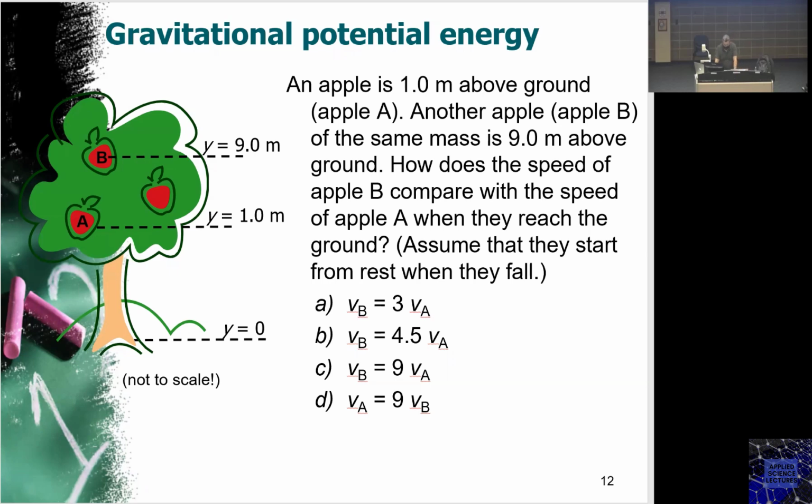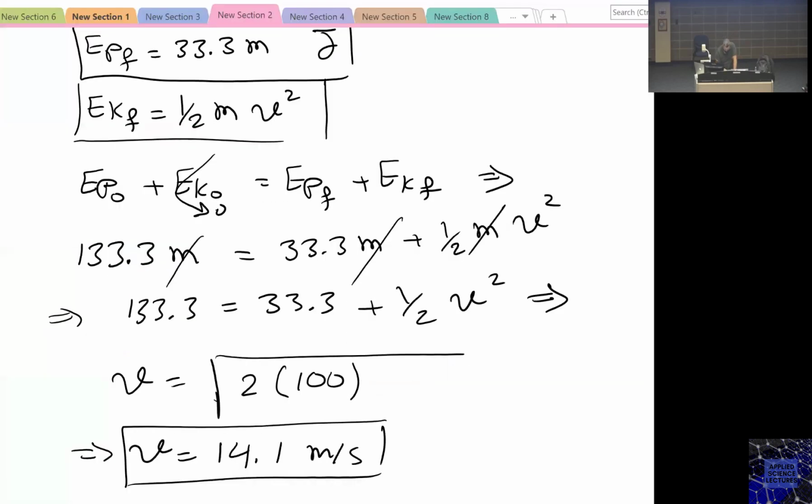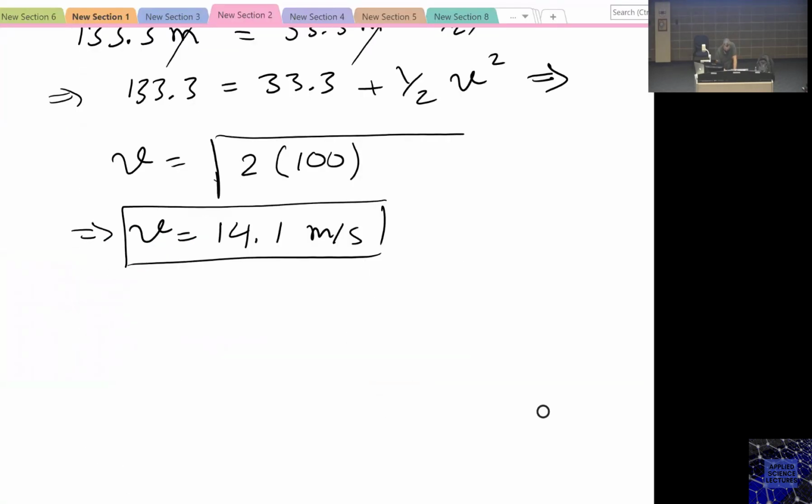Okay, so let me do this. So we have apple A and apple B. So apple B is at a height of 9 meters. Apple A is at the height of 1 meter.